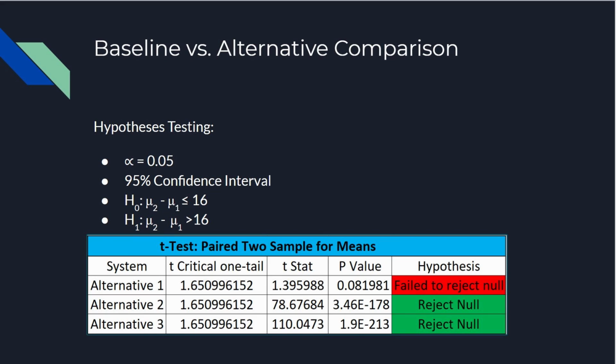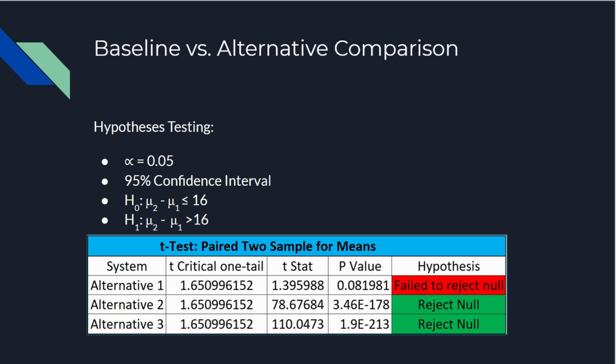We compared the throughputs of the three alternatives to the baseline using pairwise hypothesis testing. Our null hypothesis was that there was no difference between the average throughput of our alternative solutions and the baseline. And our alternative hypothesis was that the mean difference between the baseline and the alternatives is greater than 16, the amount of improvement needed to make our throughput goal.